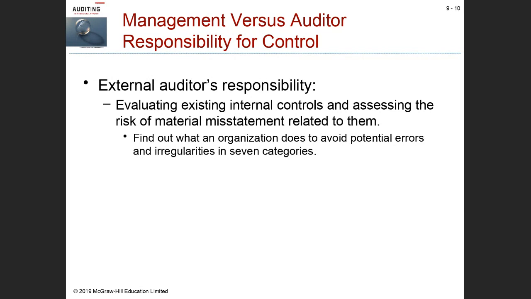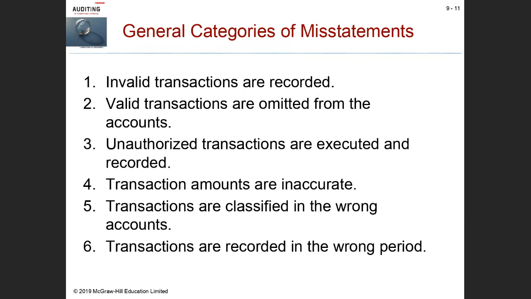We want to find out what an organization does to avoid potential errors or other types of irregularities. When we think about how management's assertions could be incorrect, they will be incorrect if errors creep into the financial system. So what type of errors or misstatements might occur in a set of financial statements?